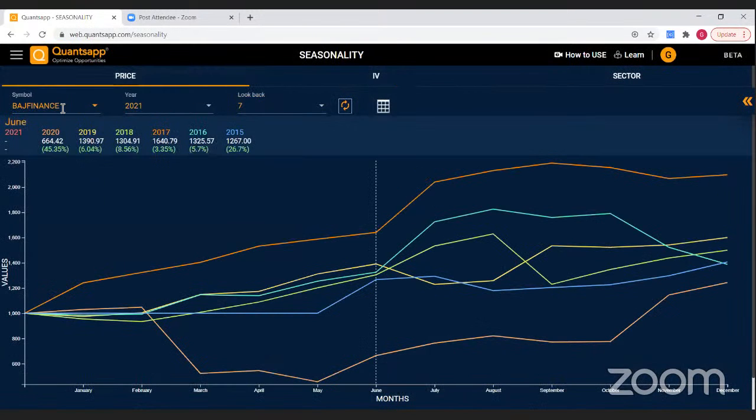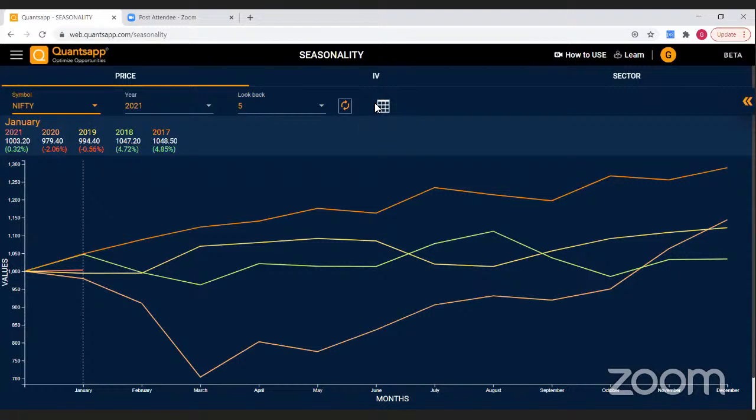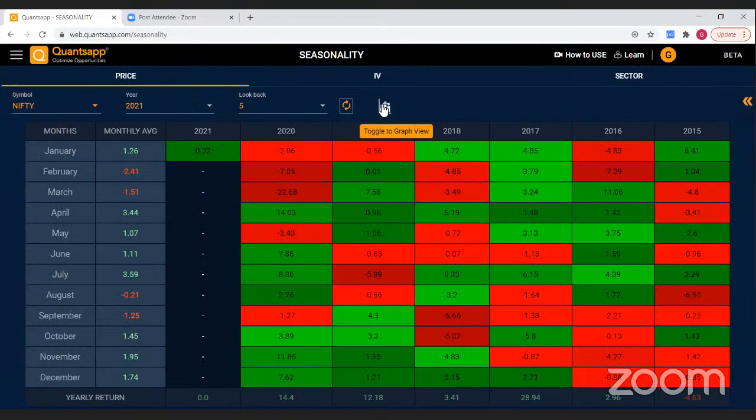Now the point here is that we're going to see more of the seasonality behavior. So if I jump to the table view here, I can see the average monthly return.